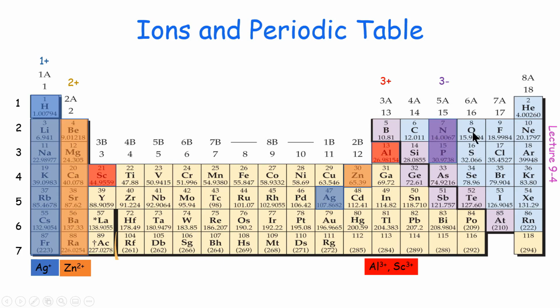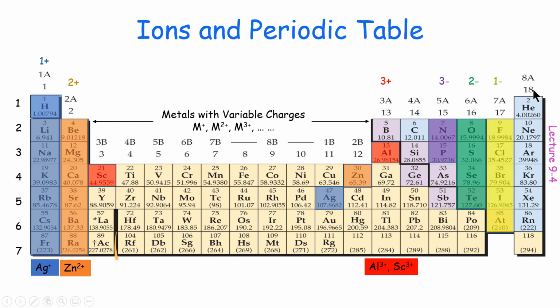Group 6A, that's 2 minus. They tend to form 2 minus ions. Then group 7A, every one of them, they always just form 1 minus ions. Okay. Group 8A, of course, they are not involved in any chemical reactions, so they already meet the octet rule, so they don't form ions.